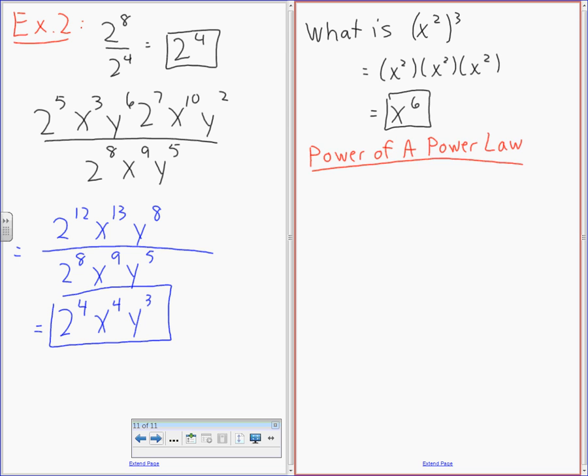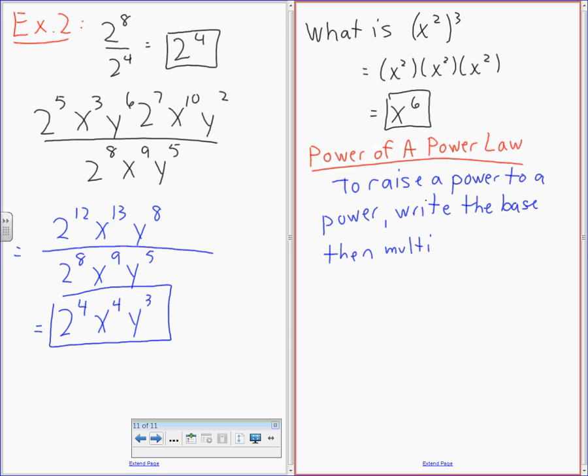The power of power law says to raise a power to a power, write the base, then multiply the exponents.